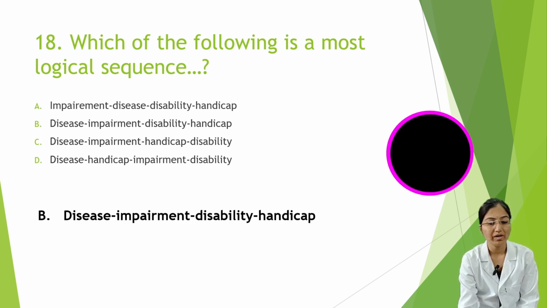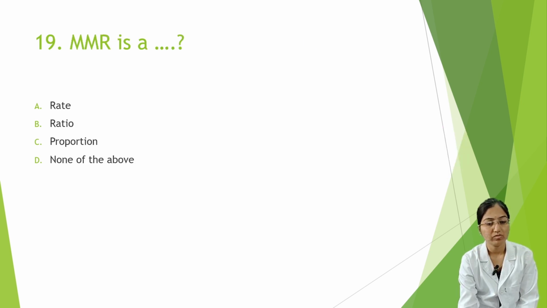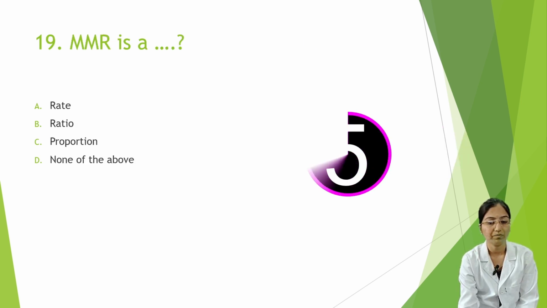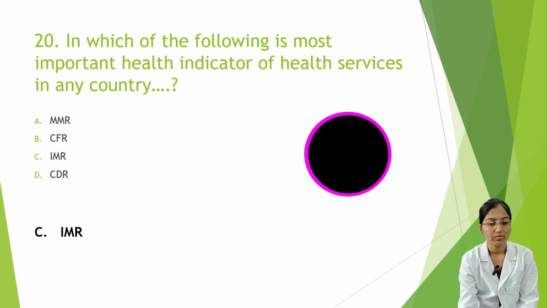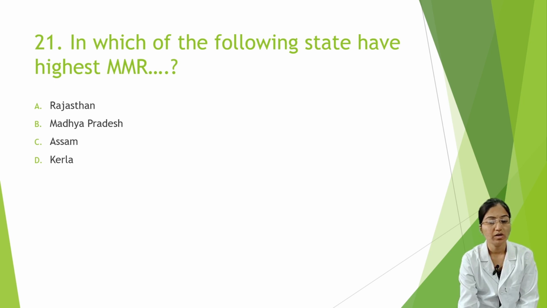Next question. Which of the following is the most logical sequence? Disease, impairment, disability, handicap. Next question. MMR is a ratio. Which of the following is most important health indicator of health services in any country? That is IMR. Next question. In which of the following state have highest MMR?